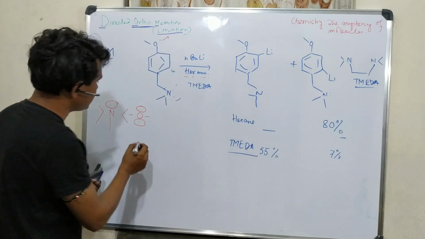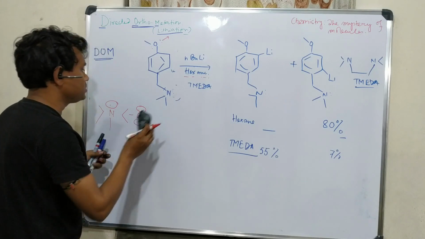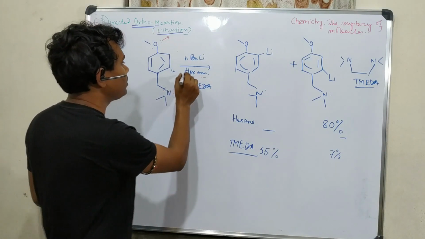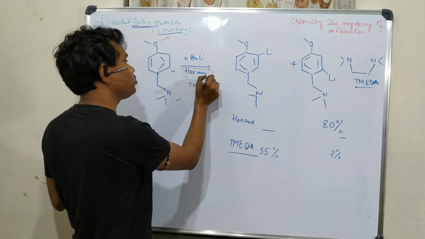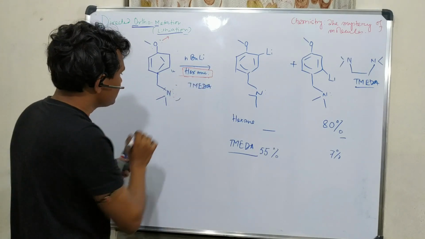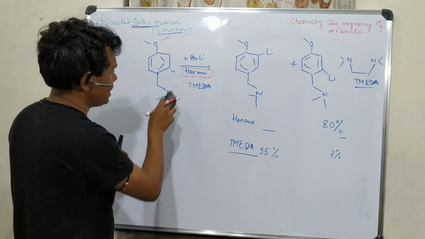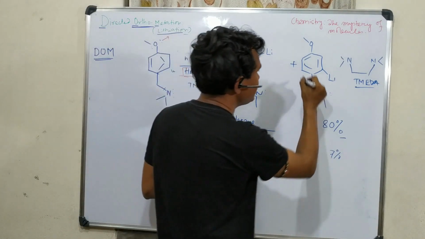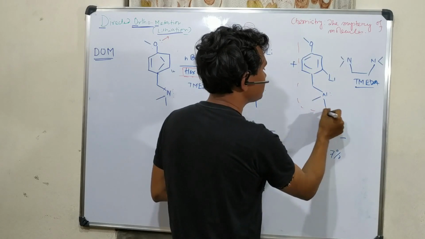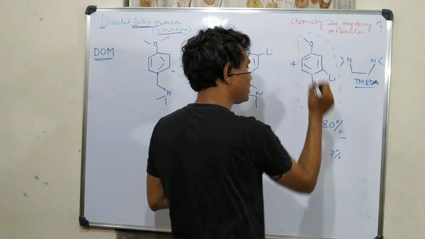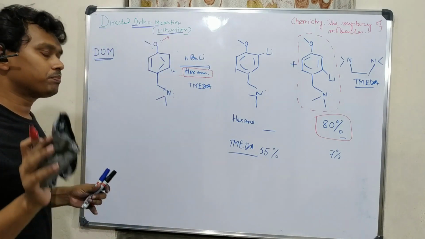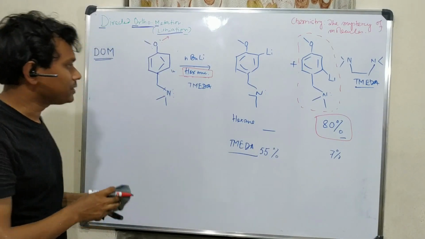So nitrogen is the stronger donor than oxygen. And since in this medium only the non-polar solvent hexane is there, no one else is here to coordinate, so this will coordinate strongly, and this strong coordination results in 80% of this. Okay, 80%.